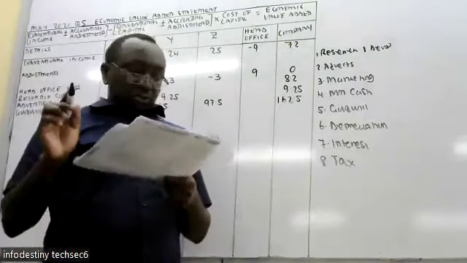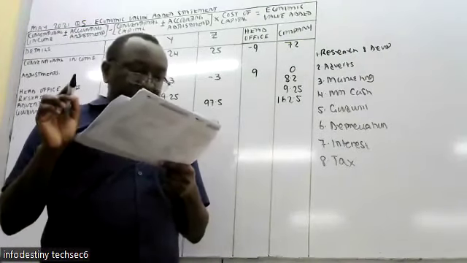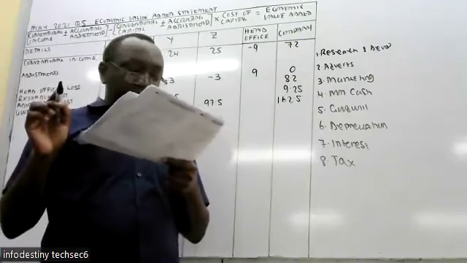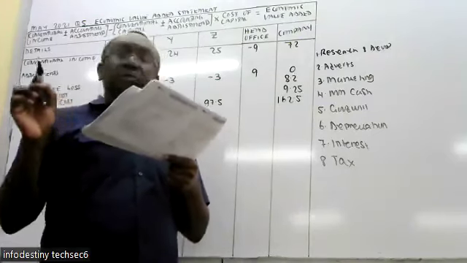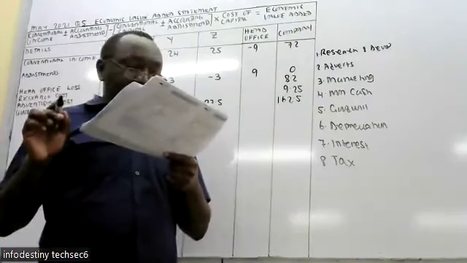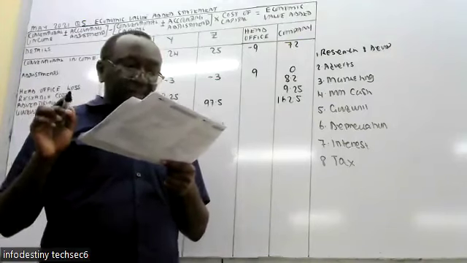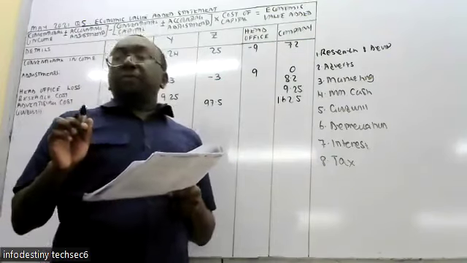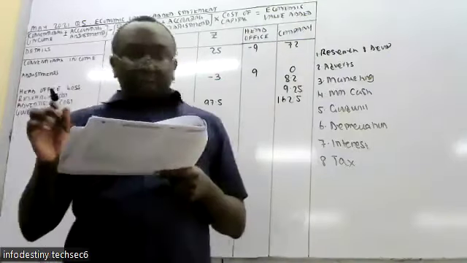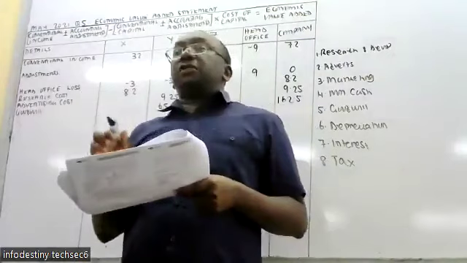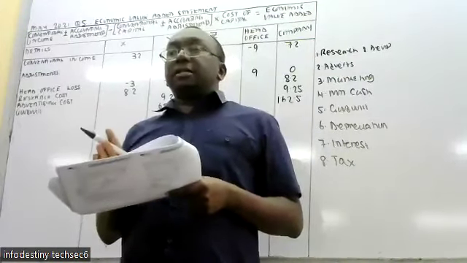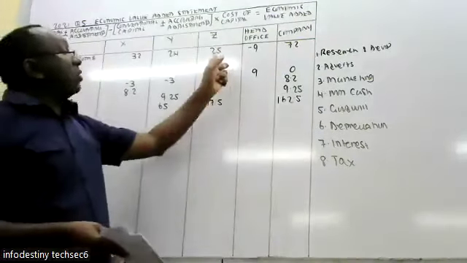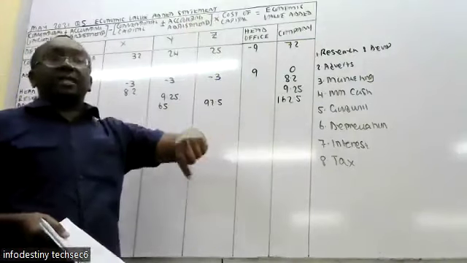So what we're supposed to do, the interest received should be subtracted and the interest paid should be added back. But in our case here, we are not going to deal with it because ukiangalia hapo juu tulianza na profit before tax and what? Interest. So this profit yenye tuko nayo already iko na interest.